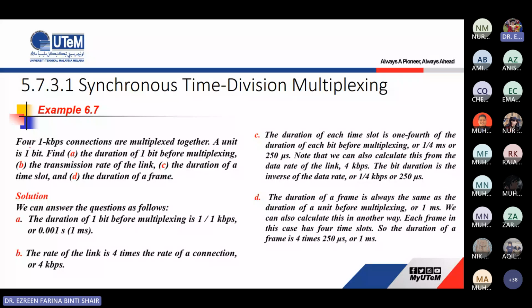Given here, a 1 kilobit per second connection, meaning that you have 4 channels, and each channel has 1 kilobit per second. The unit is 1 bit. The first question: find the duration of 1 bit before multiplexing.